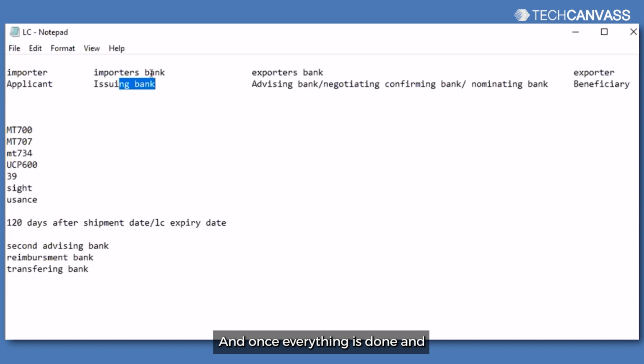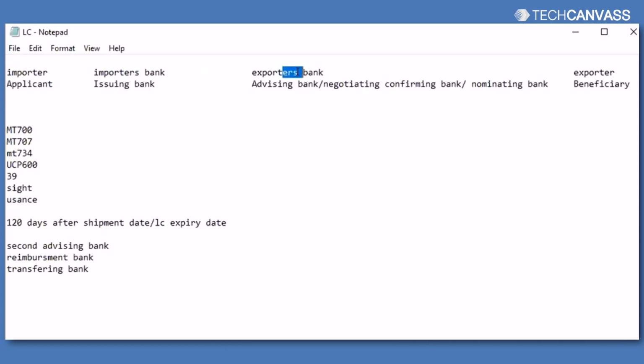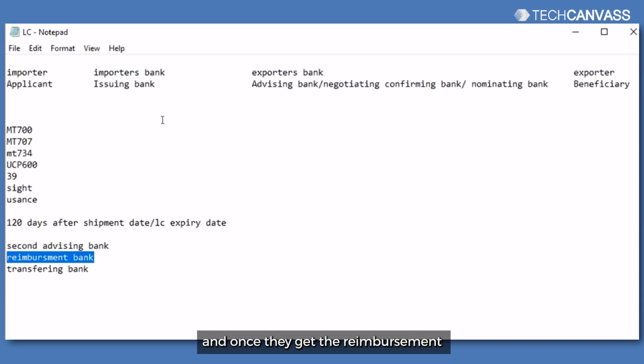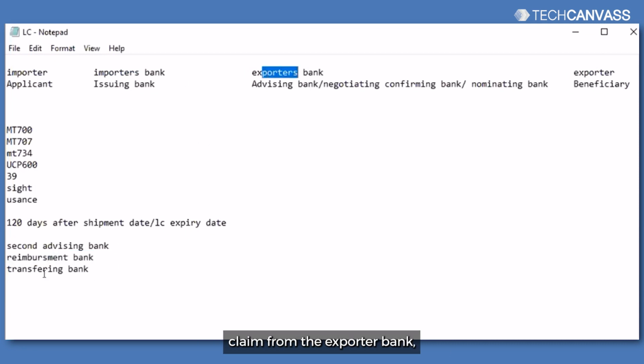Once everything is done, the issuing bank will send the reimbursement authorization to the reimbursement bank, and once they get the reimbursement claim from the exporter bank, it will pay the exporter bank.